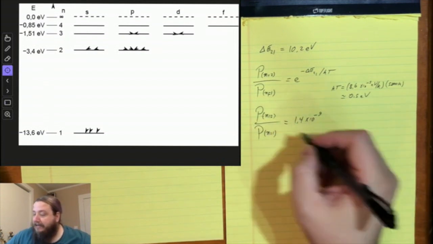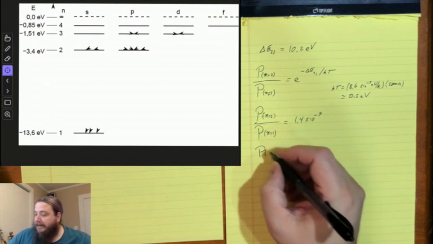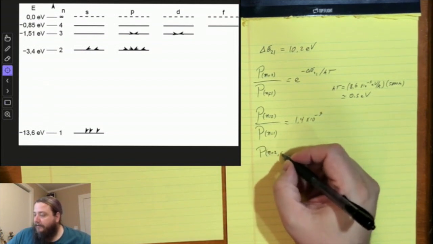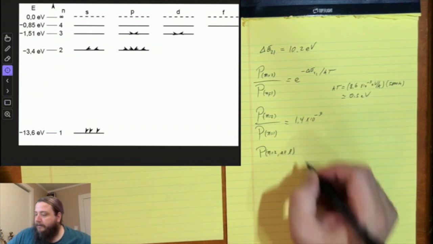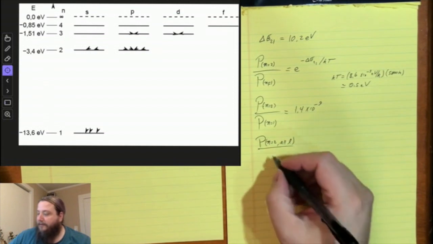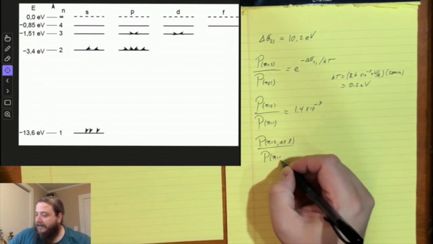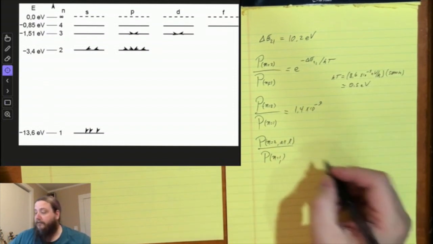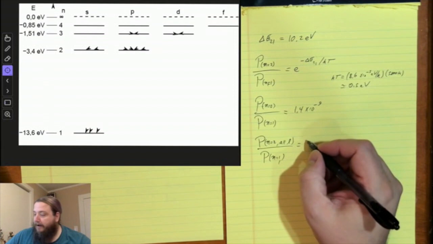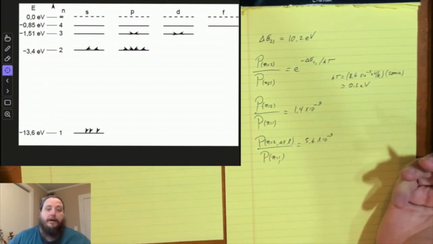And so the actual probability of being in any of the n equals 2 states, which in this case depends on changes to the quantum number L, versus being in the n equals 1 state, and there's only one of those ground states, that's actually 4 times larger, so it's actually 5.6 times 10 to the minus 9.